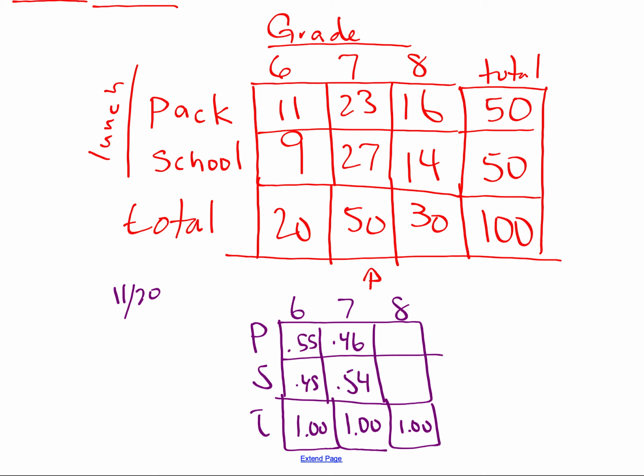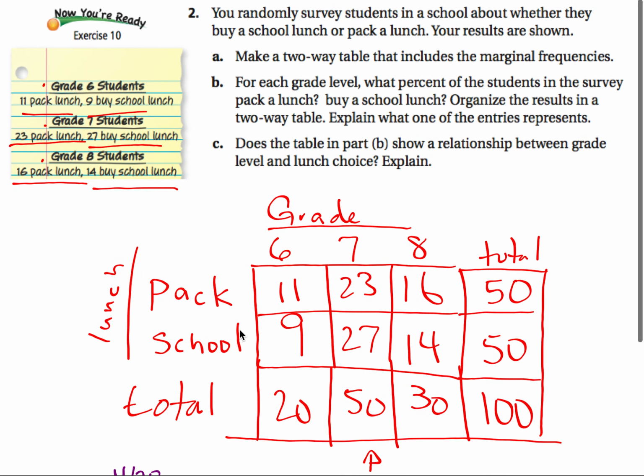For 8th graders, 16 out of 30 is 53%, 53.3 repeating percent, and that'll give us 47% for those who buy a school lunch. So those are all of the relative frequencies by column for this situation. What else we got?